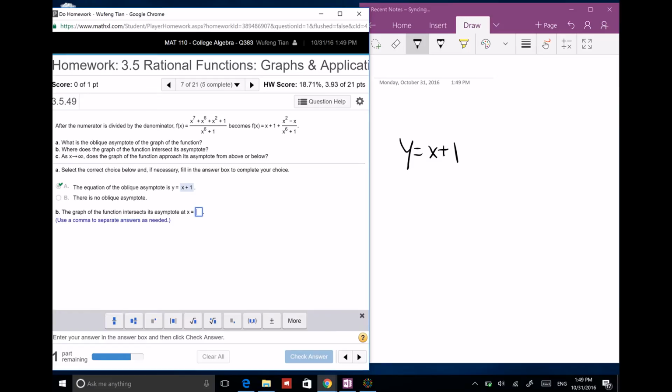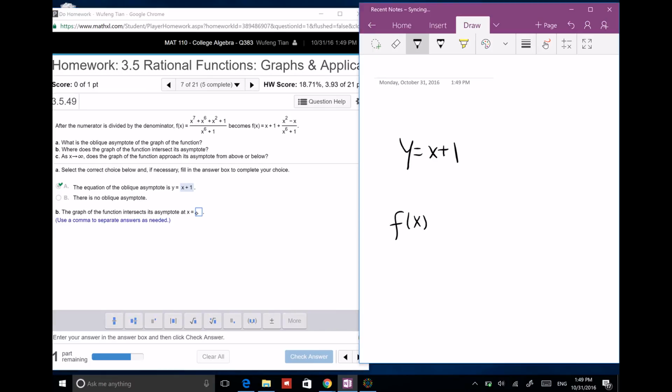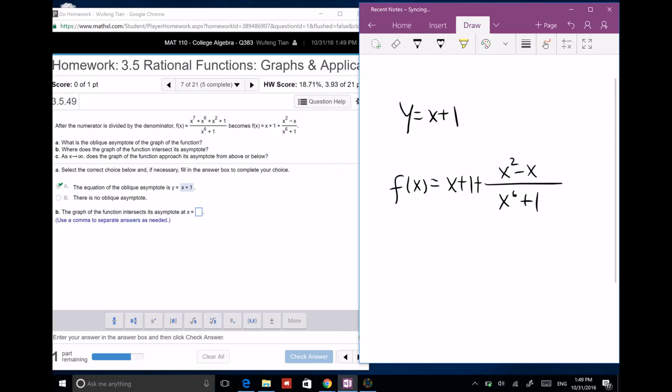So let me see. When x goes to infinity, this is infinity. So x cannot be equal to 1, and when x equals 0, then y equals 1.